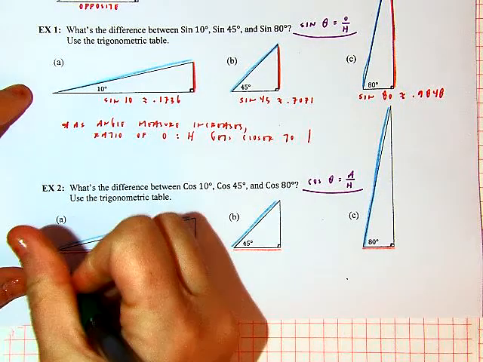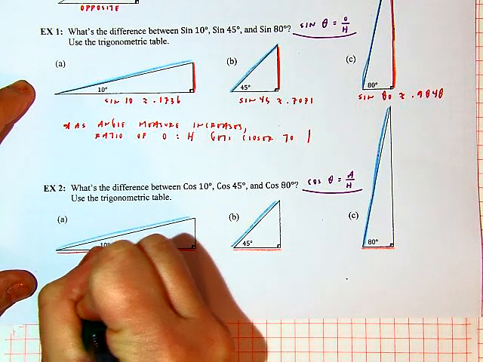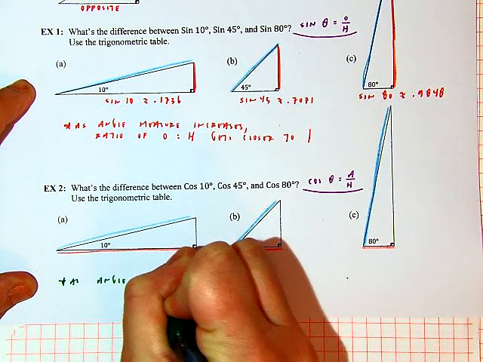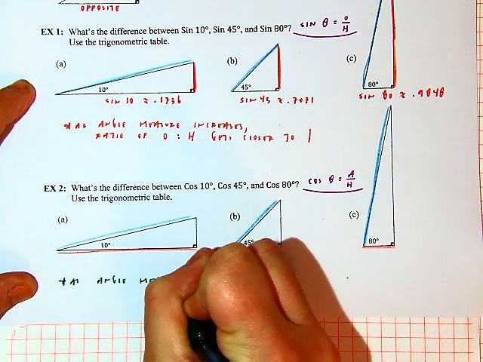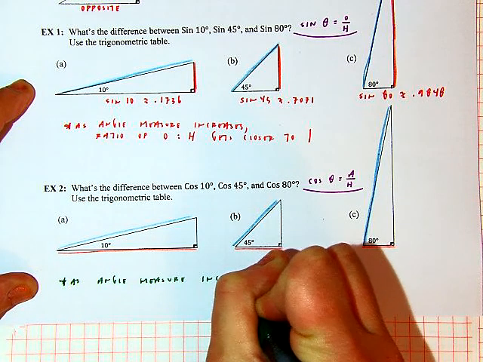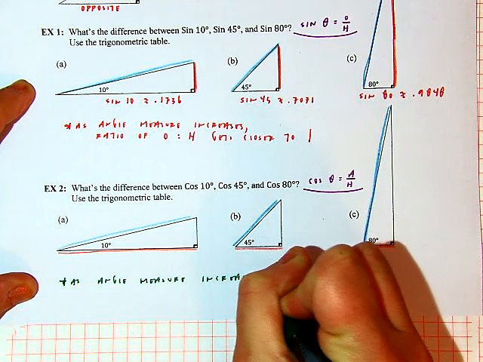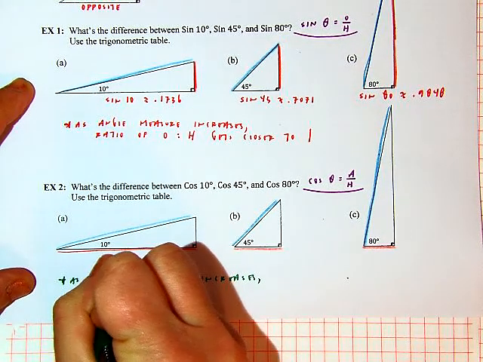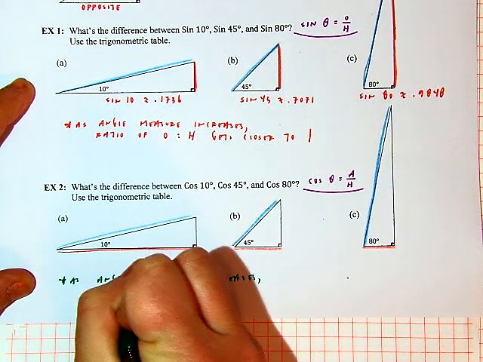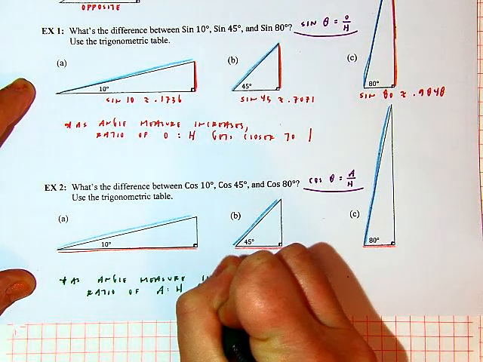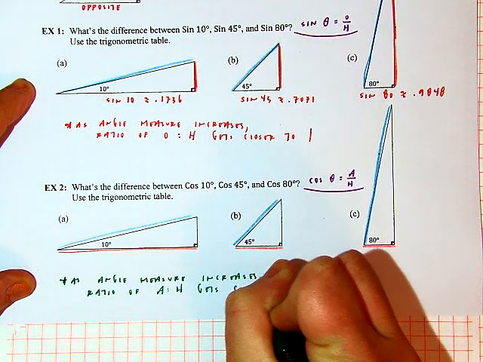Let me write that down. All right, so again, as the angle measure increases, the ratio of adjacent to hypotenuse gets closer to 0.